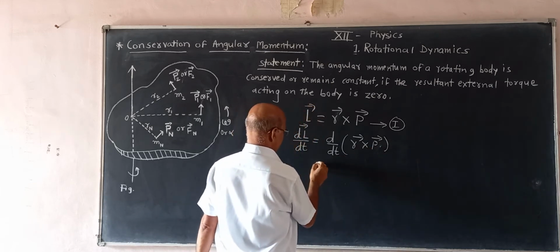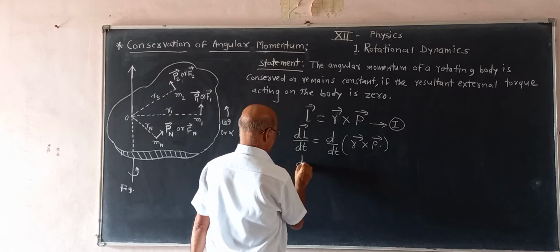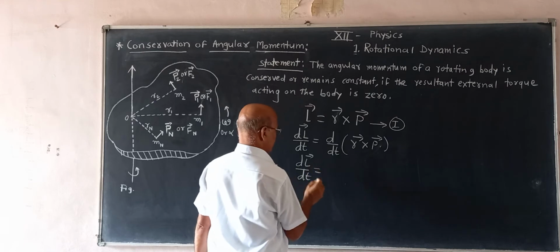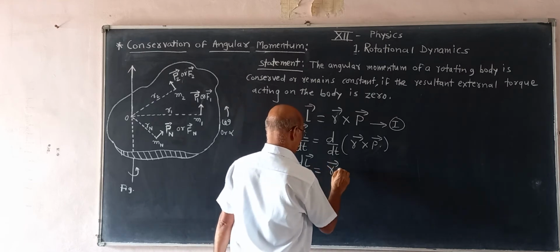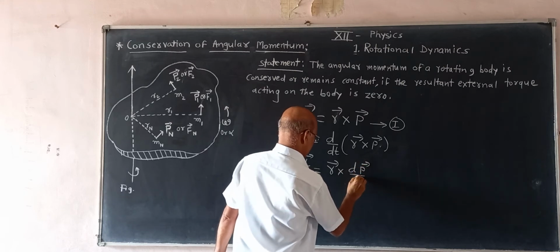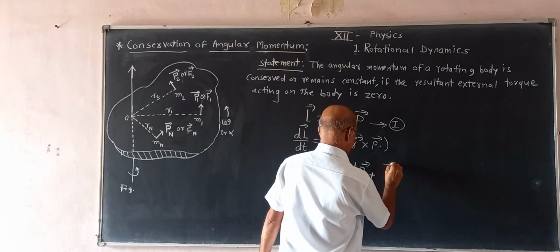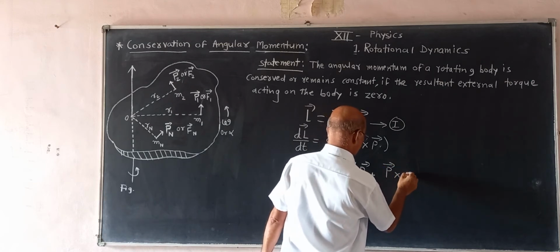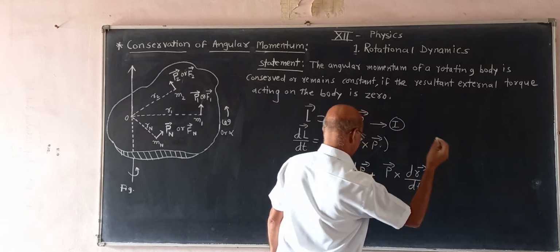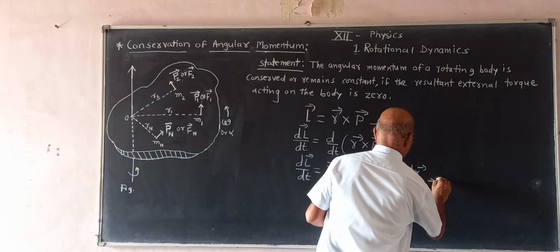Taking the differentiation, we can write dL vector by dt equal to r cross dp vector by dt plus vector p cross dr vector by dt. Suppose this is equation number 2.